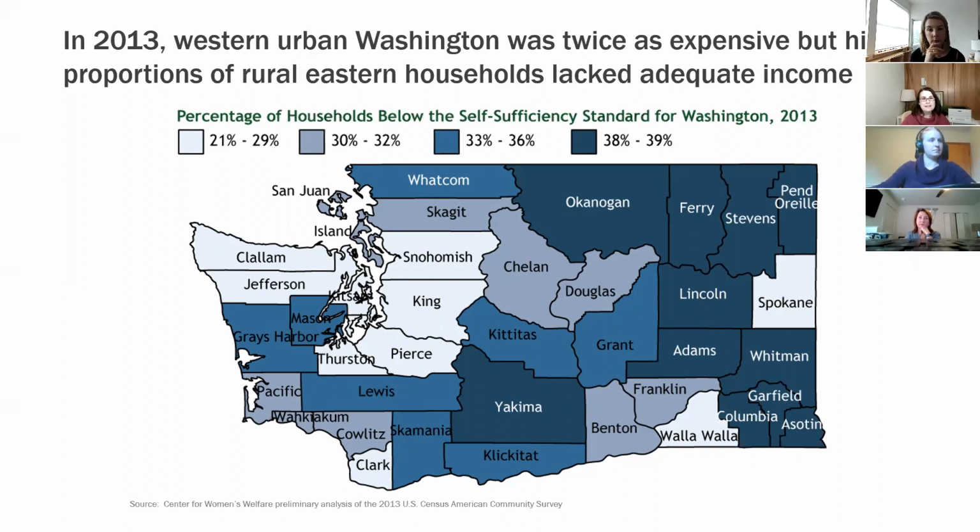We know the spread in the cost of living between the West and the East has increased since 2013, but we don't yet have the data to know what impact that has had on the difference in households with inadequate income since then.